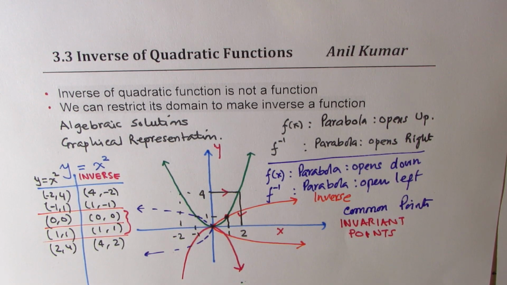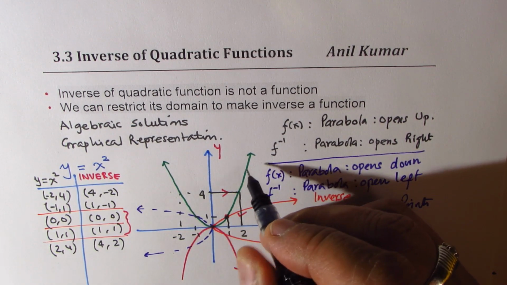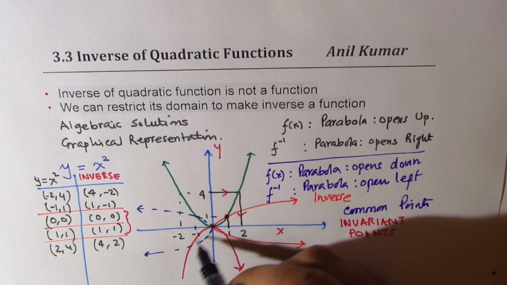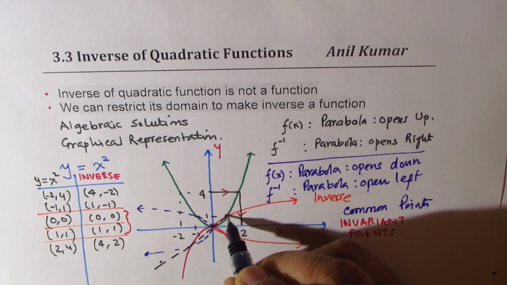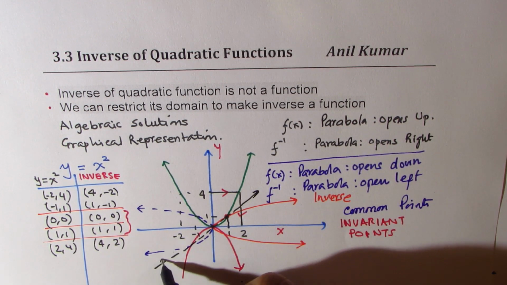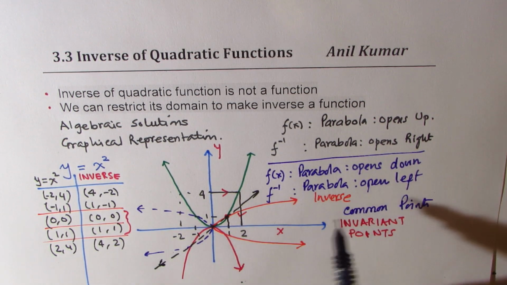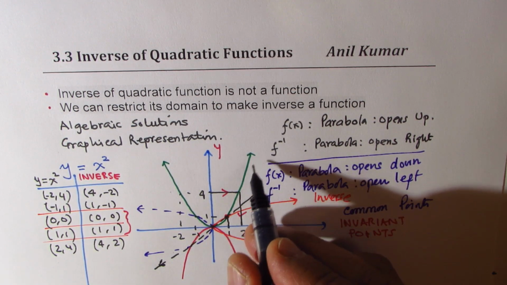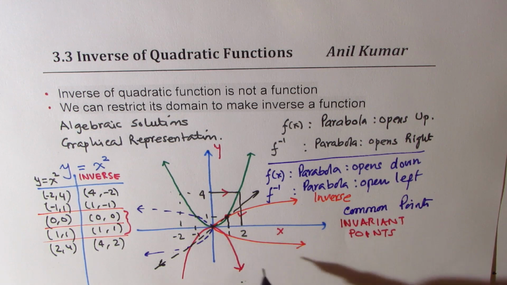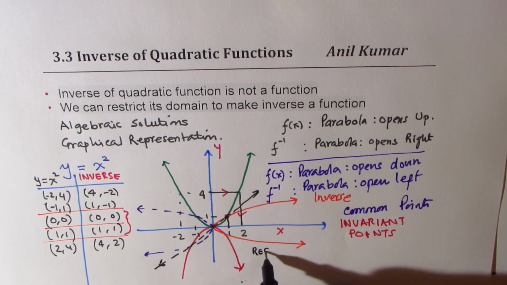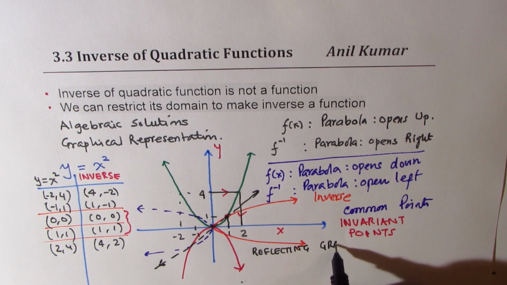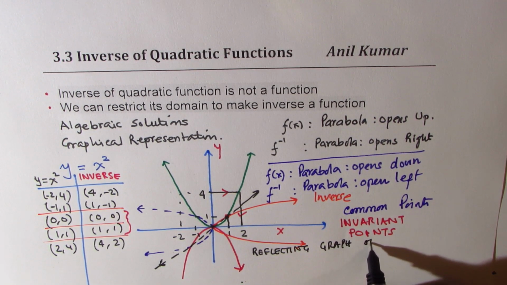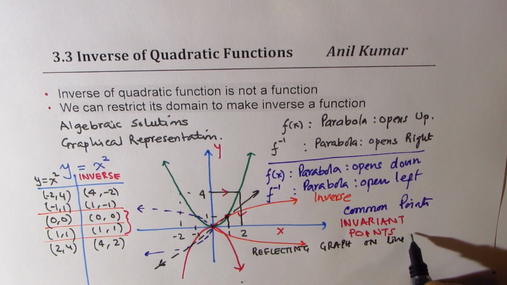Now, graphically, you could also sketch this function by reflecting it on the line y equals x. Right? So you could get the same result by reflecting the graph on line y equals x.